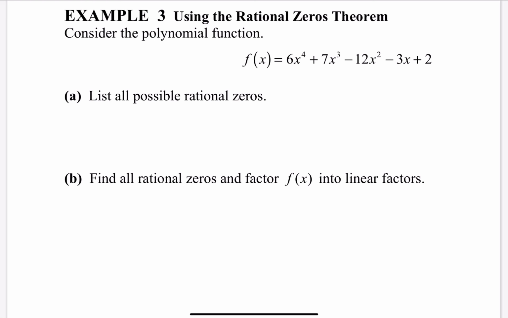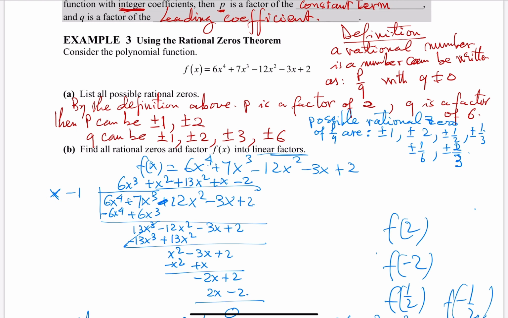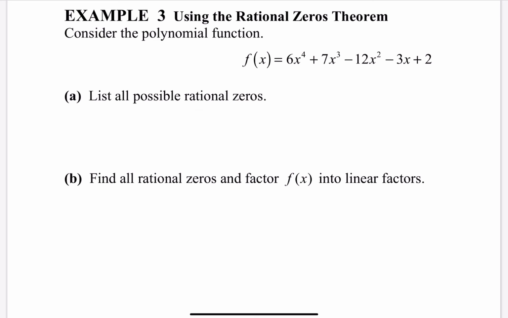P can be written as positive, negative 1 and positive, negative 2.